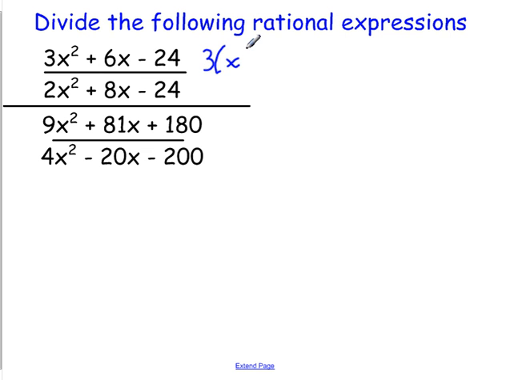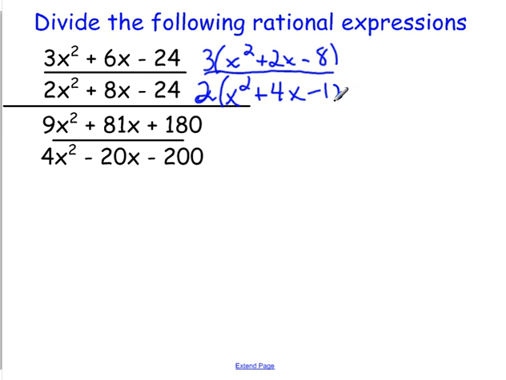And we get x squared plus 2x minus 8 over, and then these are all divisible by 2, so I'm going to factor out a 2. We get x squared plus 4x minus 12.